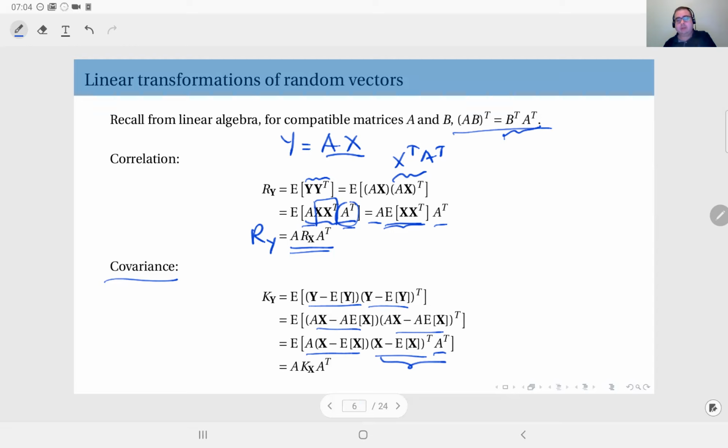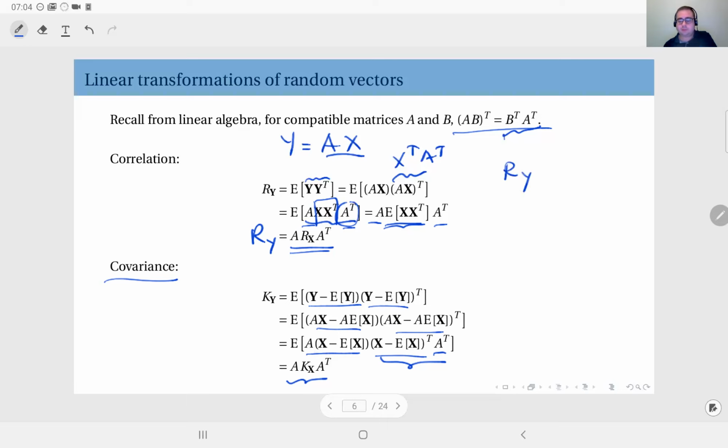Then again pull out A to the left of the expression and A transpose to the right, because they are constants, and what you get is this, because the middle term reduces to the expectation of x minus the mean of x times x minus the mean of x transpose, which is by definition the covariance matrix of x.